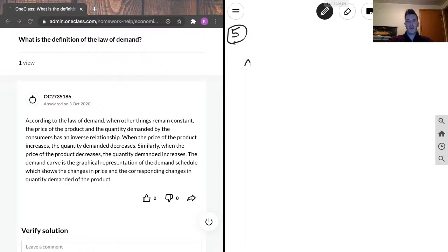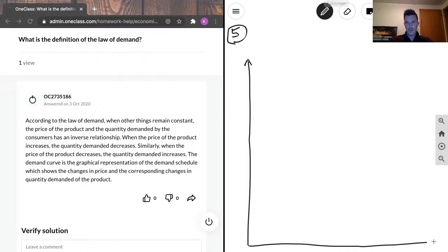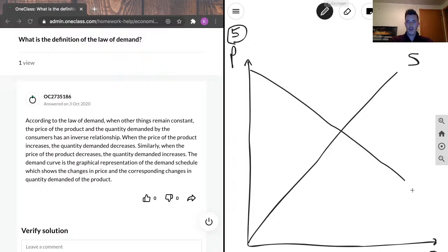I'm just going to show you guys graphically here. So we can draw quantity on the x-axis and price on the y-axis. And we've got two things, supply and demand.